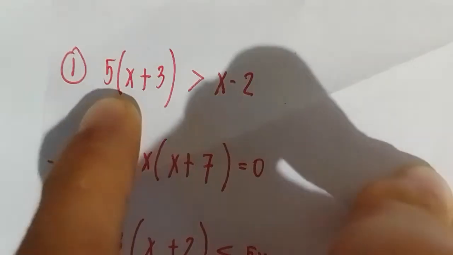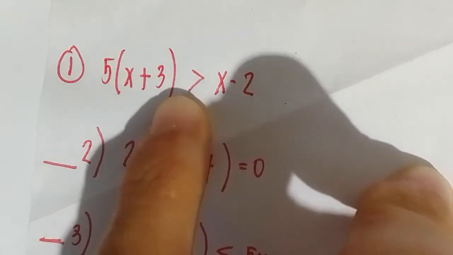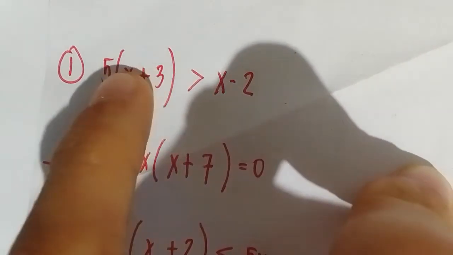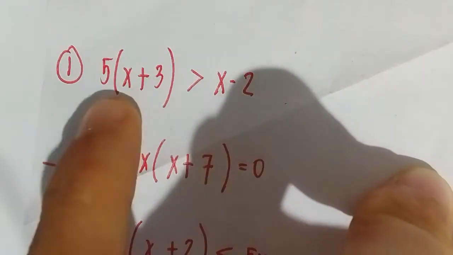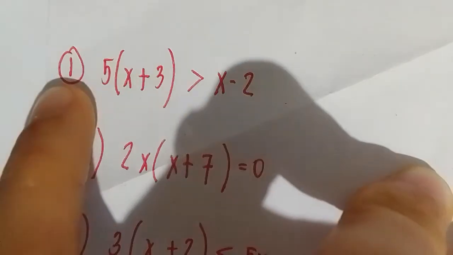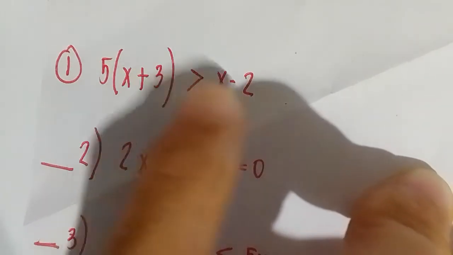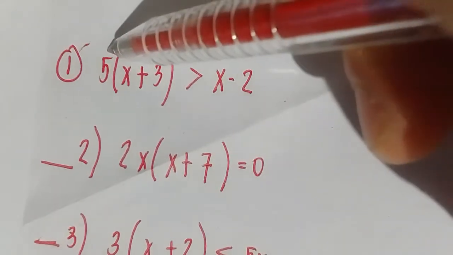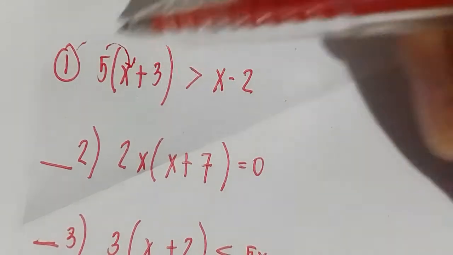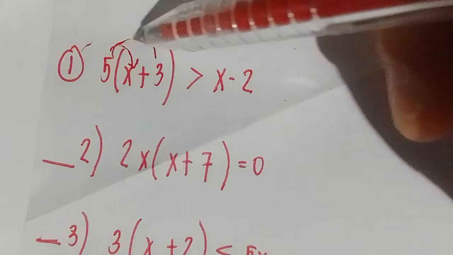So, we have here a monomial times the binomial, the x plus 3. So, since monomial times binomial man na siya, automatic, we will multiply these two values applying the distributive property of multiplication. Ang monomial nga 5 atong i-multiply by distributing each term of the binomial.